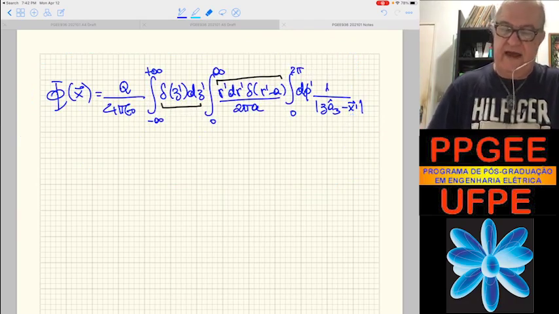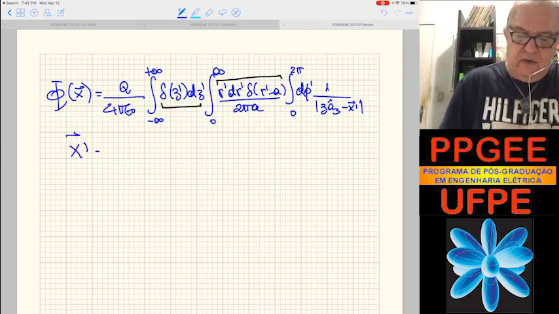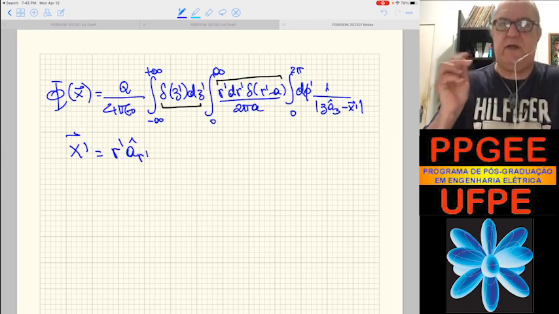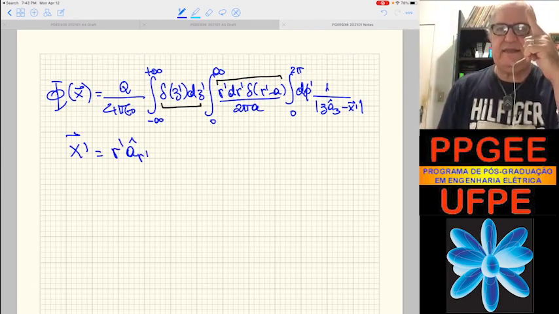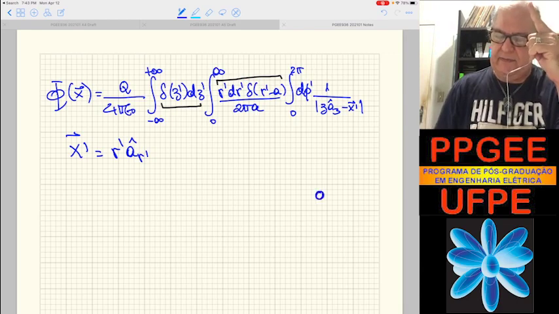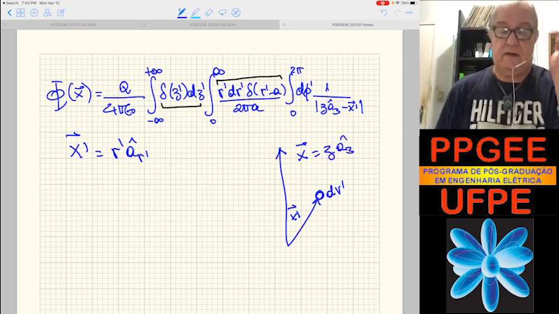x prime, in fact, is a vector in 3D space. x prime equals r prime a r prime. That's the complete expression for x prime, because we are assuming that the volume is in 3D space. We are picking up a contribution of dv prime, which is at point x prime, and I'm calculating the effect at x equals z, right?